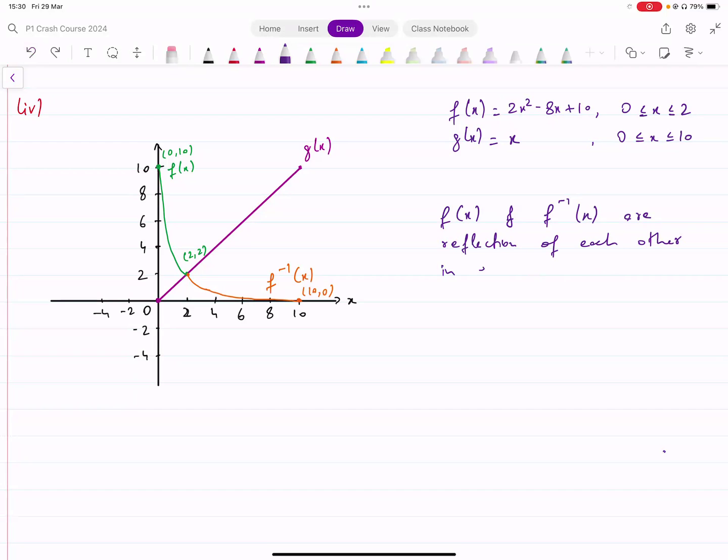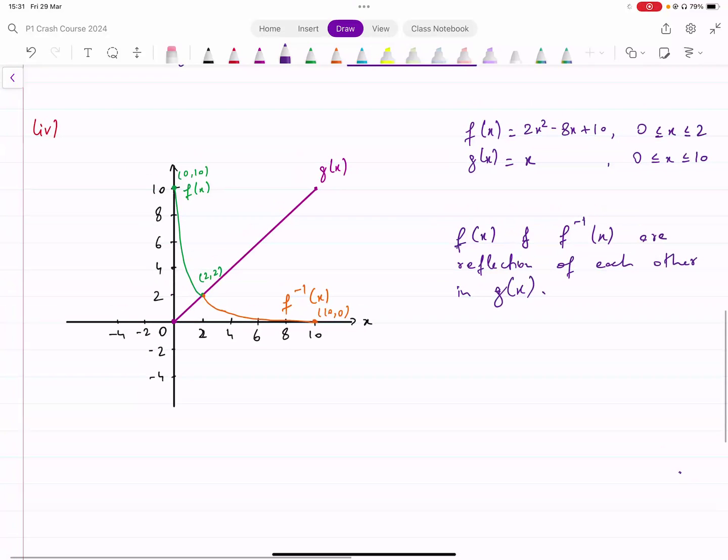Or you can say they are reflections of each other in g of x. Or you can say g of x is the line of reflection of f of x and f inverse of x. That could be another way of writing that. That's the relationship between these three graphs. So that's the fourth part of this question.